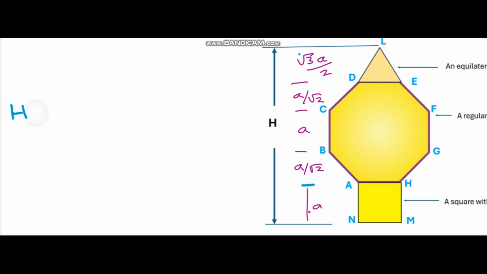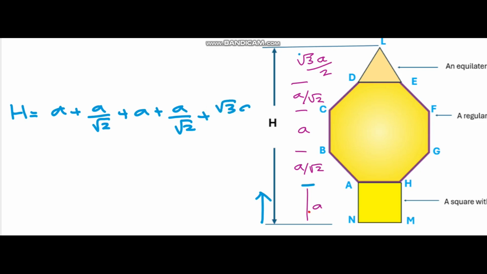So H is equal to, I'm going from the square upwards, so A plus A over root 2 plus another A over root 2, plus root 3A over 2.